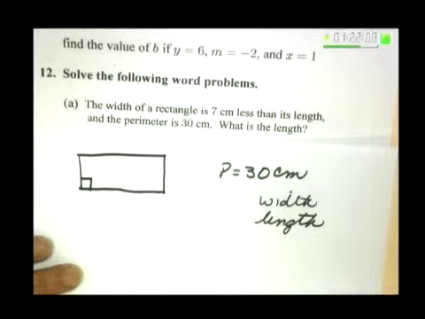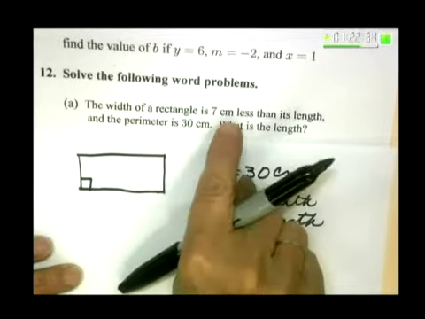And it's usually easier, and notice I said usually because nothing is absolute here, to let my variable, which is a letter, stand for what something is being compared to. So I'm asking, is the width being compared to the length, or the length being compared to the width? Whatever something is being compared to is usually what I want to make my variable represent.